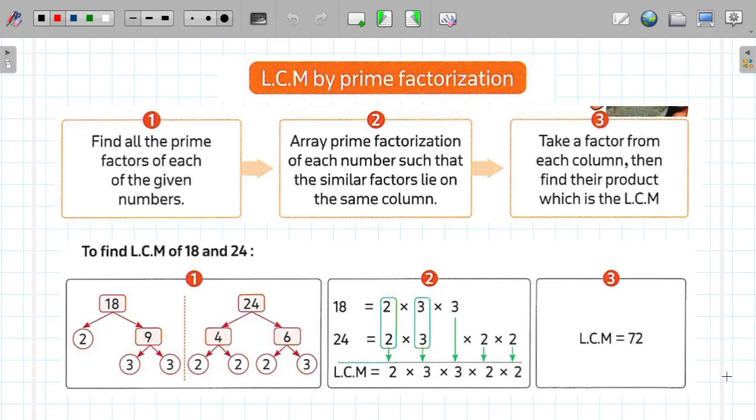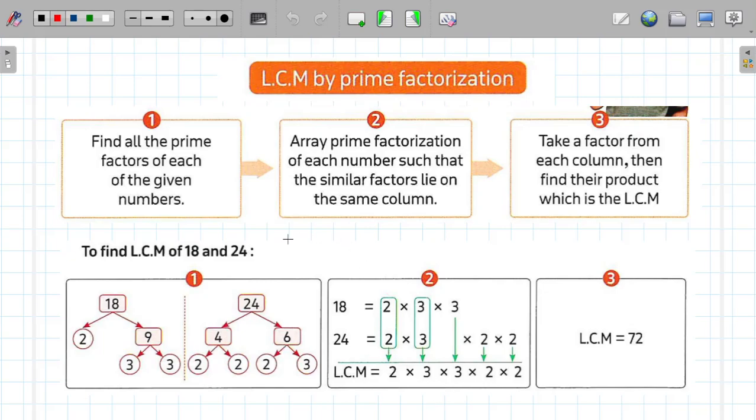Next, I will array the prime factorization of each number such that the similar factors lie on the same column. Okay, next I will take a factor from each column, then find their product, which is the least common multiple.